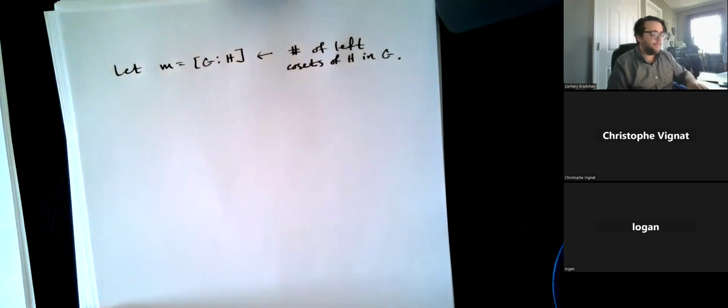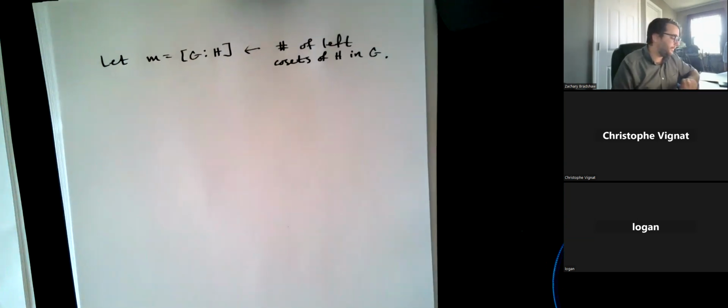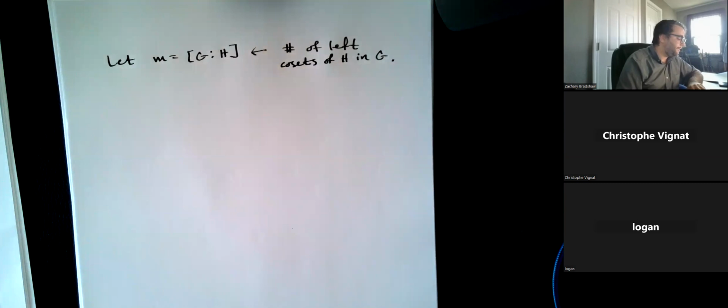And so the index will be order of G over order of H. But if H is not a normal subgroup, then we can't take the quotient and get another group, and so that doesn't hold.